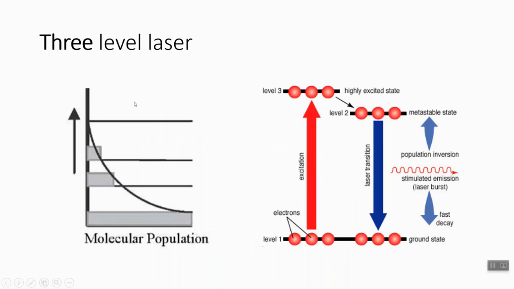So this figure shows the distribution of atomic or molecular population obeying the Boltzmann distribution law. The atoms originally in the ground state having energy E1 are excited to a higher energy state with energy E3 by an external source of energy such as a xenon flash lamp.